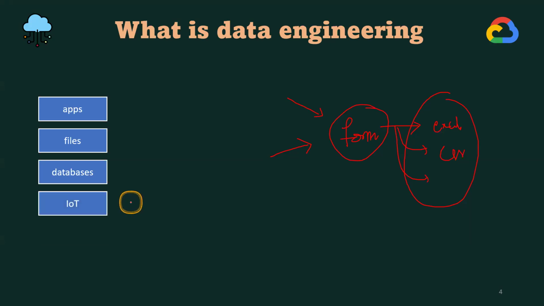And similarly, you also have data that is coming from some IoT devices, Internet of Things, right? Some sensor devices. You might have known it. Nowadays, it has become very crucial.